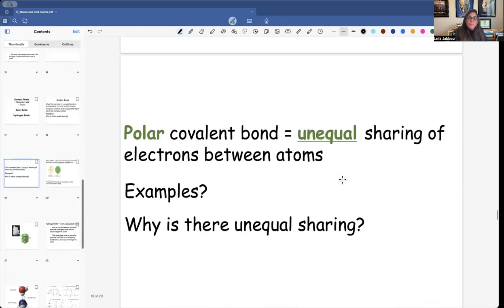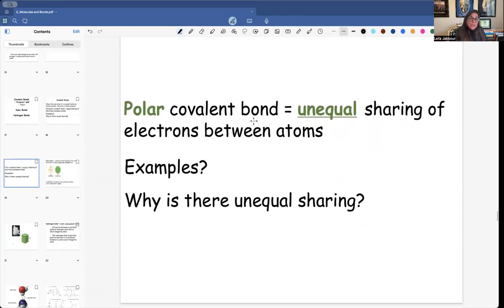The bonds that we describe as polar are the bonds where there will be unequal sharing of the electrons between the atoms. It's like, no, no, no, we need you all towards this side because we're very negative here and we could use some of that motion with us.